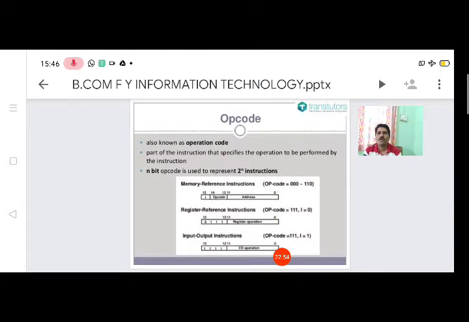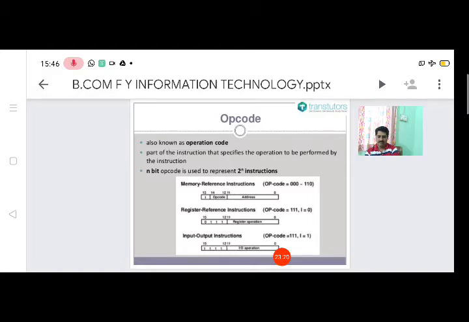Then the next point, OP code. The OP code is a number interpreted by a computer machine, virtual or silicon, that represents the operation to perform.